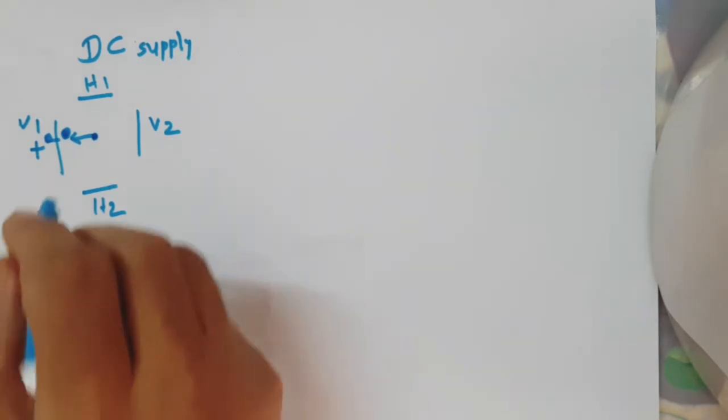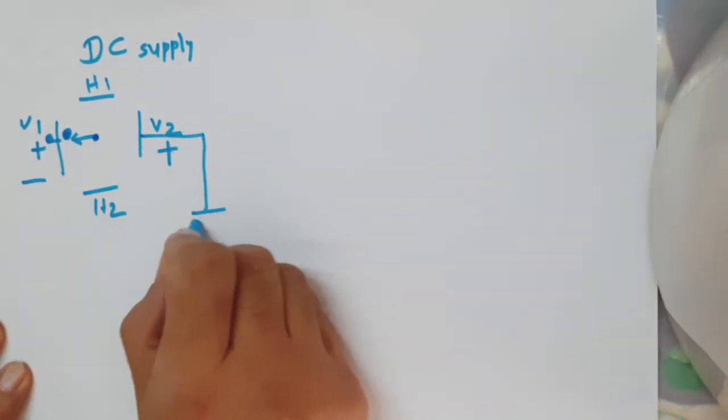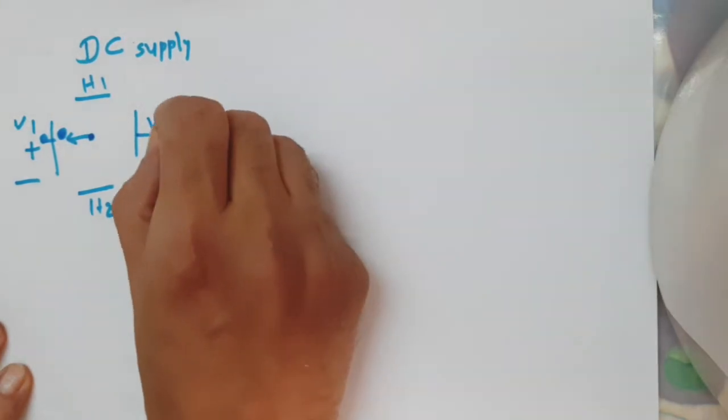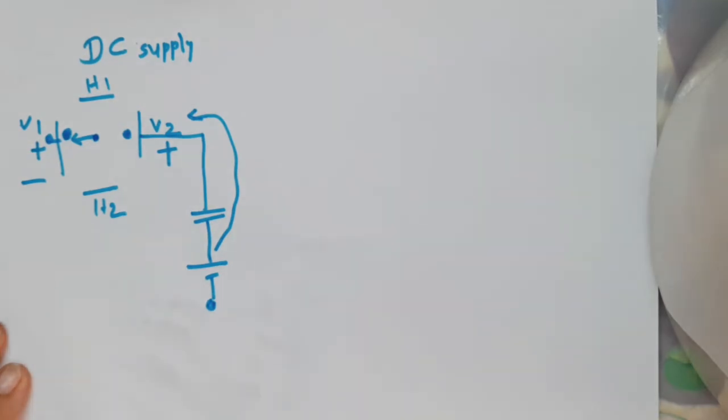Same way, if we apply a more positive voltage across V2 compared with V1, the supply is given like this. More positive voltage given to V2 moves the spot to the right hand side, that means towards the V2 side of the vertical deflecting plate.